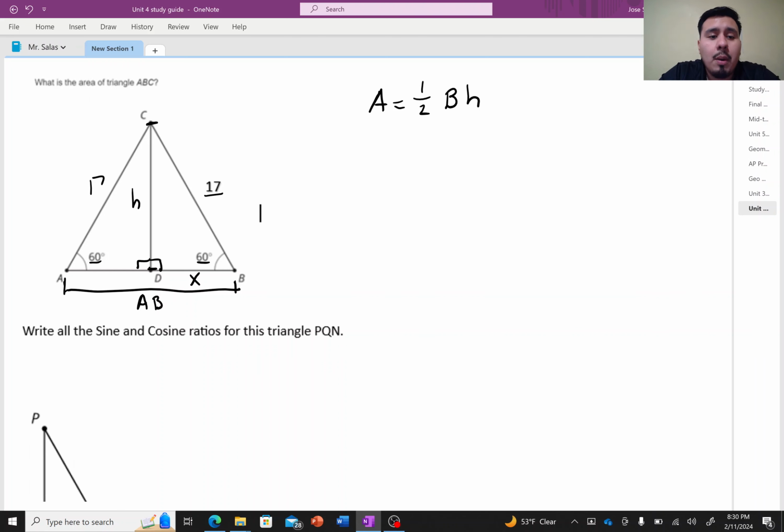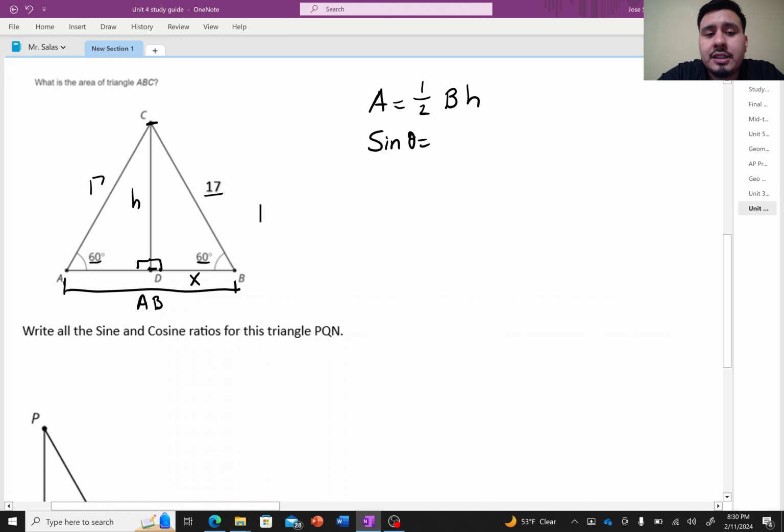So how am I going to do that? Well, luckily for us, we have three potential trigonometric ratios we can use. We have sine of theta, we should get used to seeing theta.